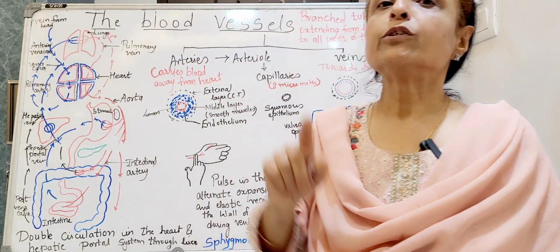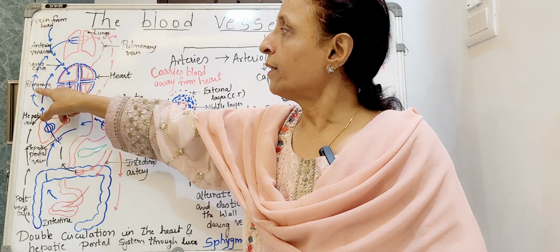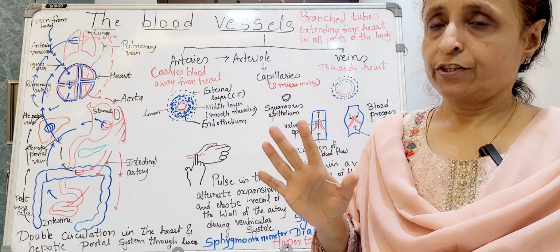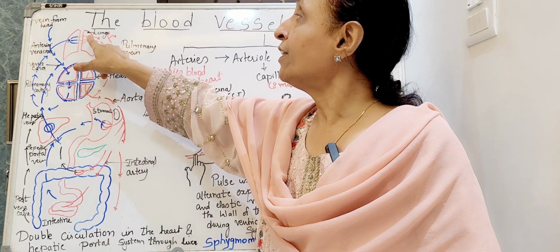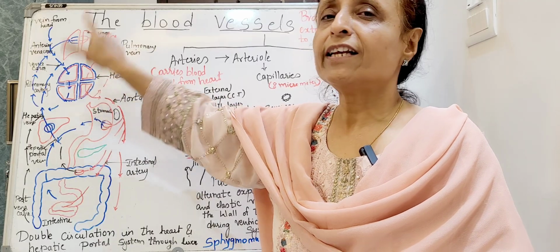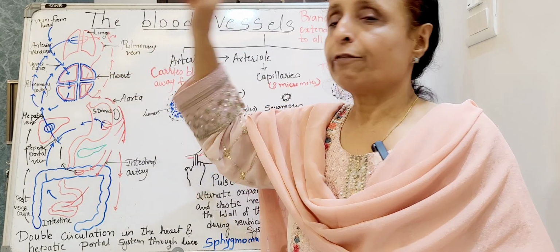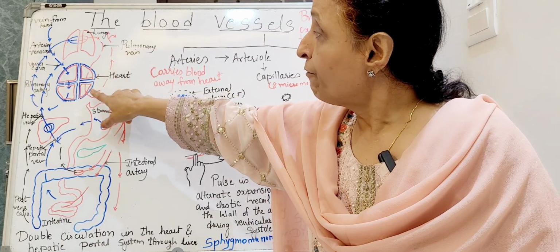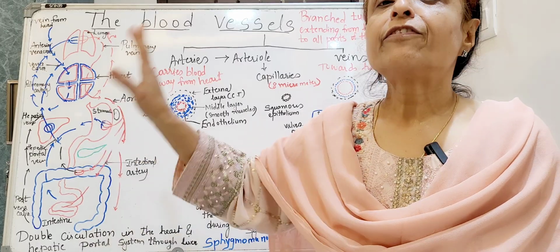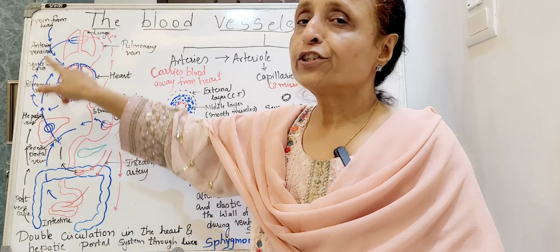It is carried by the pulmonary artery to the lungs for oxygenation. Here oxygenation takes place and through the pulmonary vein it comes into the left atrium. From the left atrium it comes into the left ventricle, and from the left ventricle it pumps through the aorta to different parts of the body. So this is how the circulation goes on.